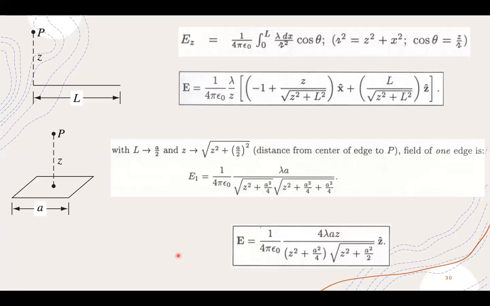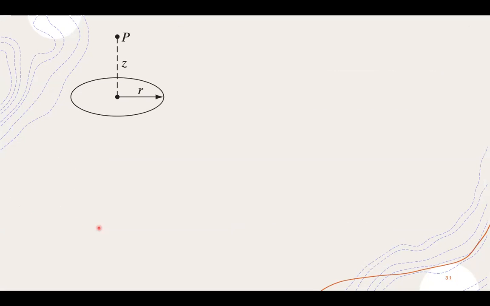Instead of this rectangle, if I make it like a circle, something like this, let me make it a circle with radius r. So what could be the field at point P?